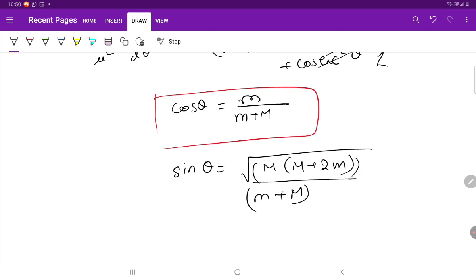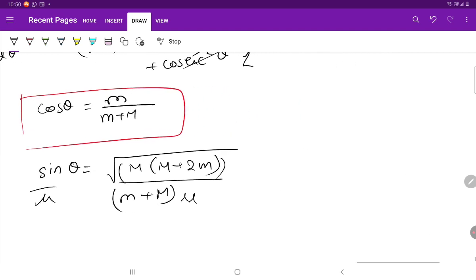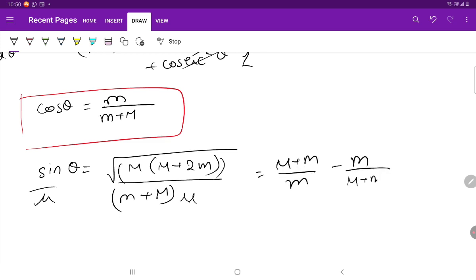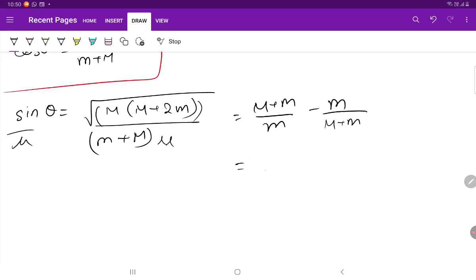So this is sine theta, and sine theta by mu is equal to (M plus m) by m minus m by (M plus m), which will give us M into (M plus 2m) plus m by m into (M plus m).